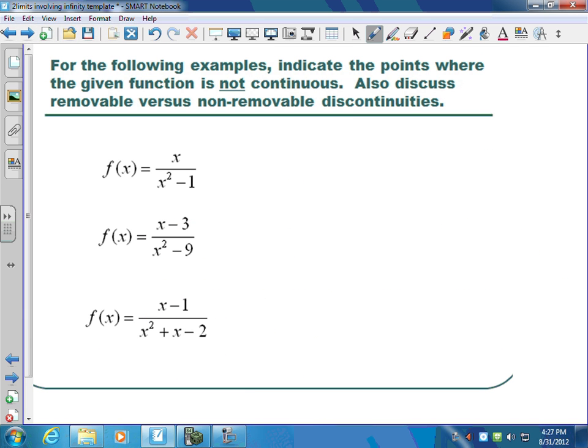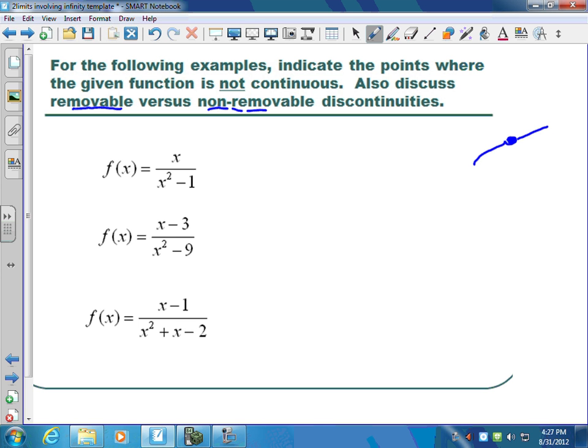Okay, and in these 3 examples, again, the question is, is the function continuous? If not, where is it not continuous? And in addition, we're going to want to know, is whatever is not continuous a removable or non-removable point of discontinuity? Basically, if you have a situation like this, you have a removable discontinuity because by just redefining that point, just filling that in, you can make this a continuous function.